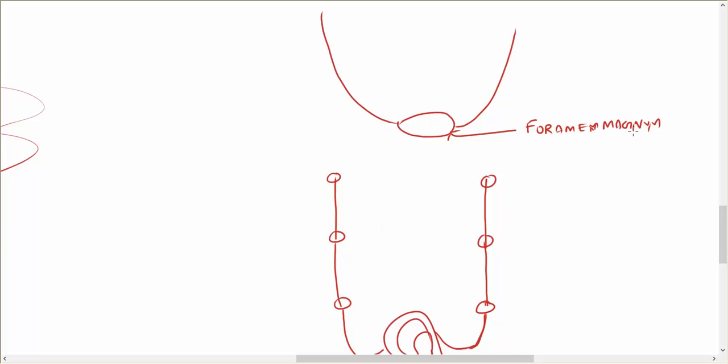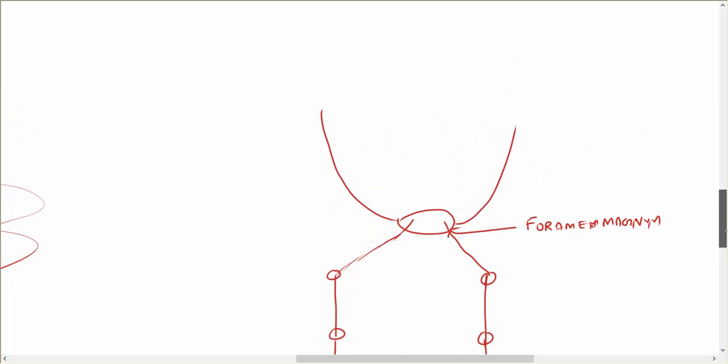Once it enters the foramen magnum, let us see what the structures are at the back side of the brain. Let us start from the midbrain.